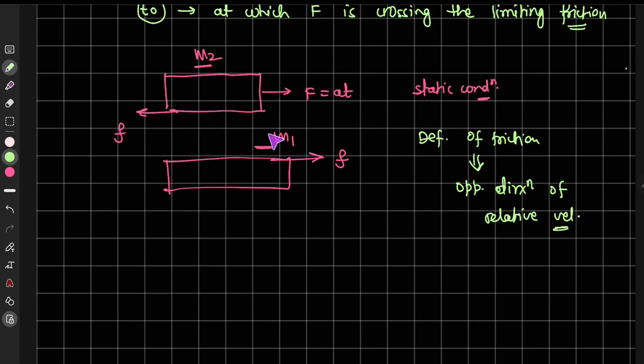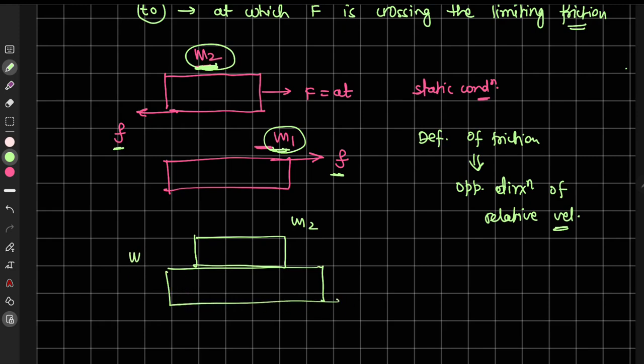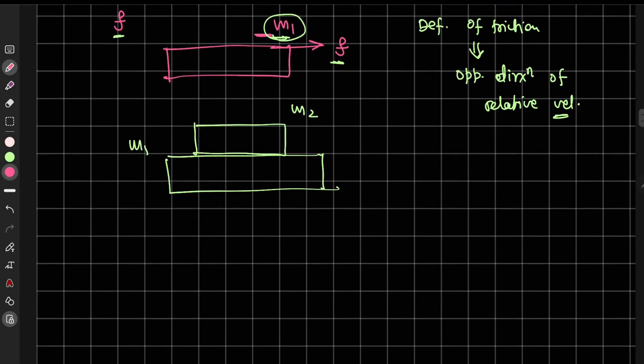Now in this particular condition, this F is the static friction, and because of that there will be no relative motion between m2 and m1. And if there is no relative motion between m2 and m1, then m2 and m1 both will move simultaneously. So both these systems will move simultaneously.